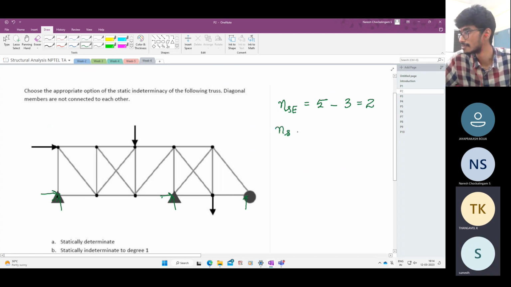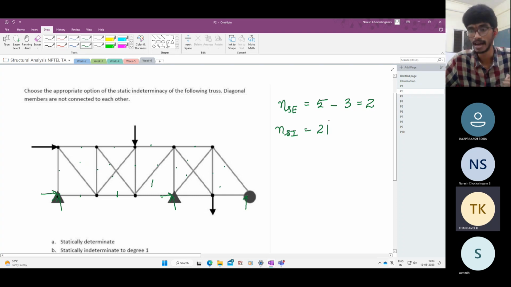Let us go to internal. How many internal members do you have? 1, 2, 3, 4, 5, 6, 7, 8, 9, 10, 11, 12, 13, 14, 15, 16, 17, 18, 19, 20, 21. There are 21 internal members. Each of them will have one axial force, which is one unknown. And how many joints do we have? 1, 2, 3, 4, 5, 6, 7, 8, 9, 10, 11.